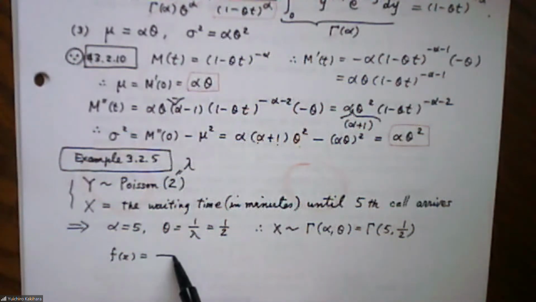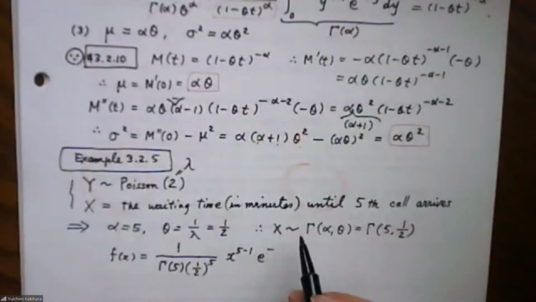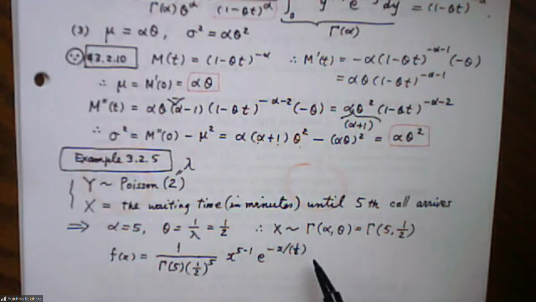By the formula: 1 over gamma of alpha, which is 5, times theta, which is 1/2, to the power alpha, that is 5, times x to the alpha minus 1, 5 minus 1, times e to the minus x divided by theta, which is 1/2. I'm just using the formula.